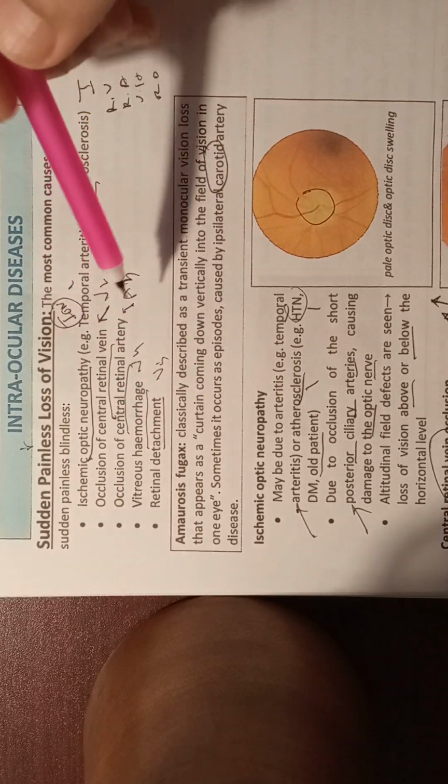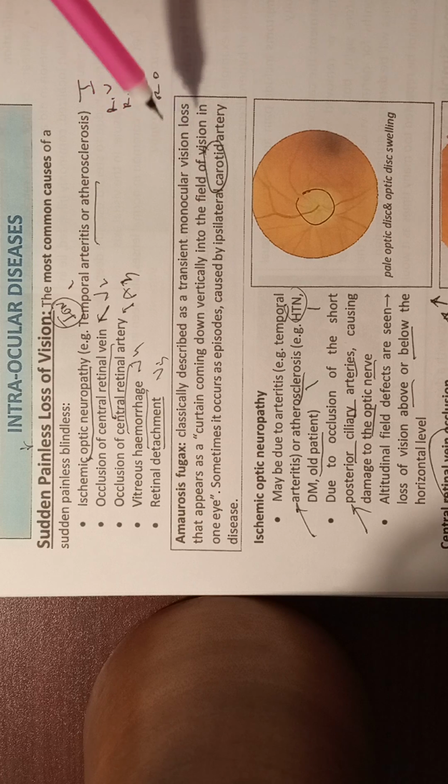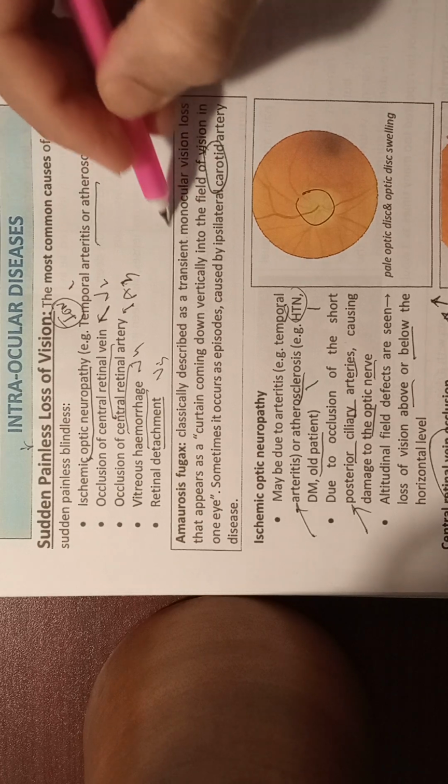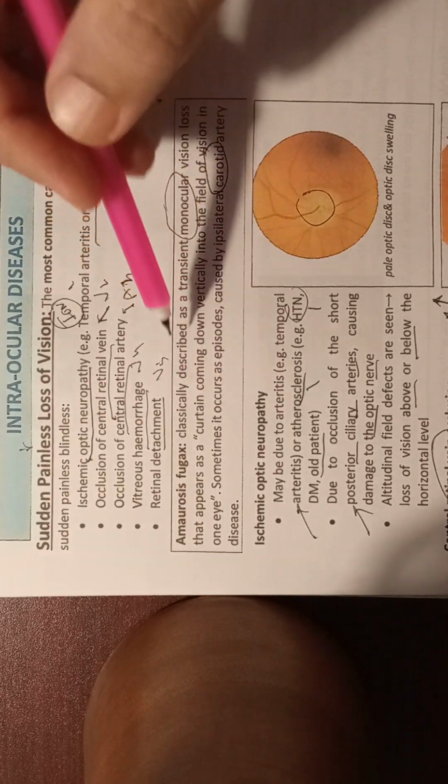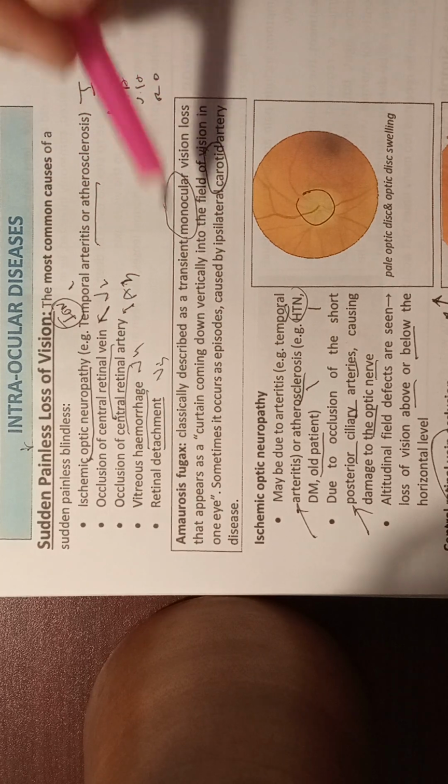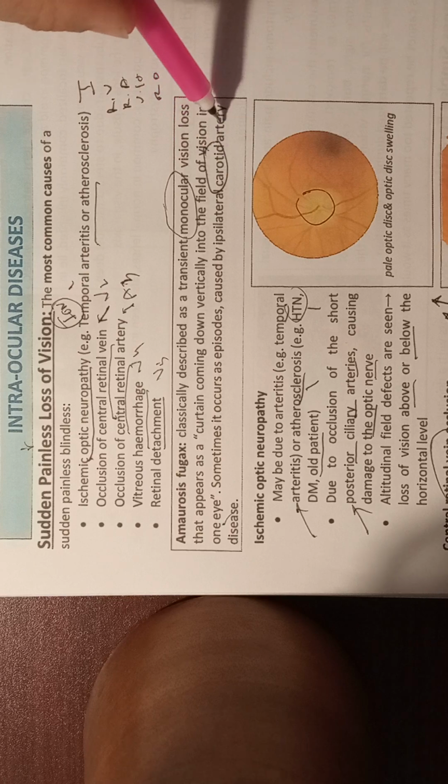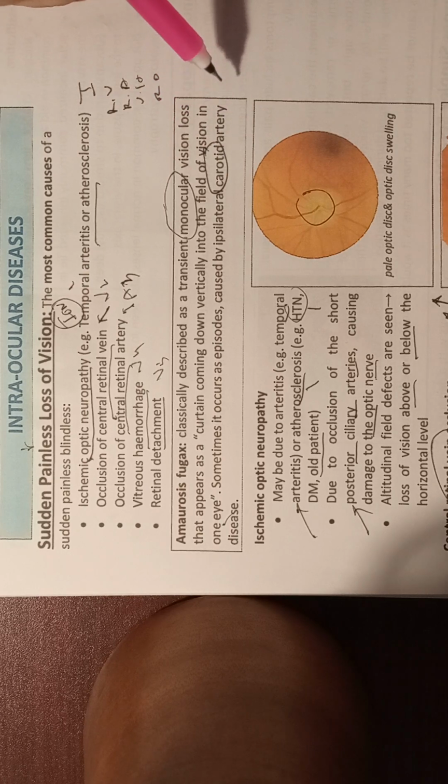Amaurosis fugax, so classically described as a transient monocular vision loss that appears as a curtain coming down vertically into the field of vision in one eye. Sometimes it occurs as episodes caused by ipsilateral carotid artery disease.